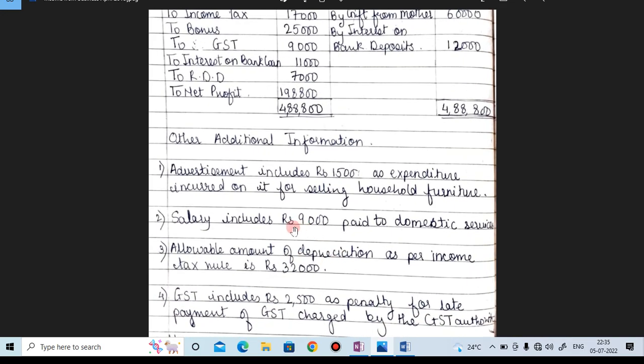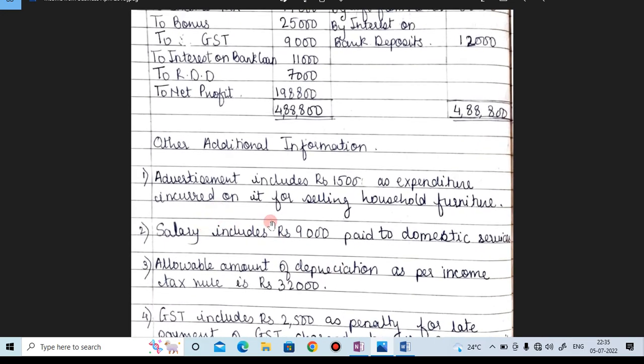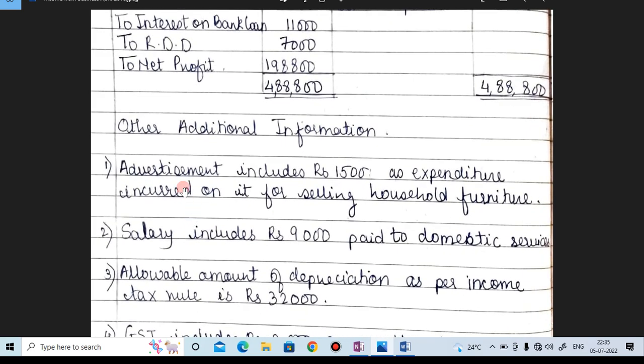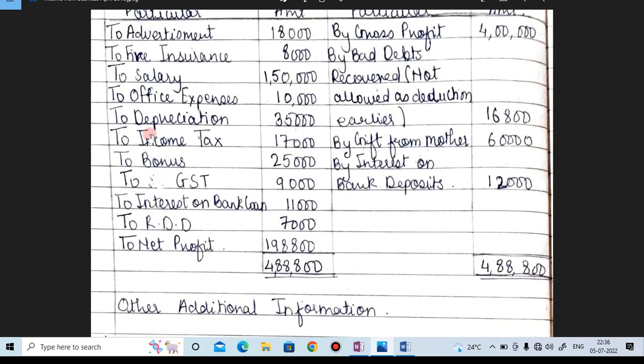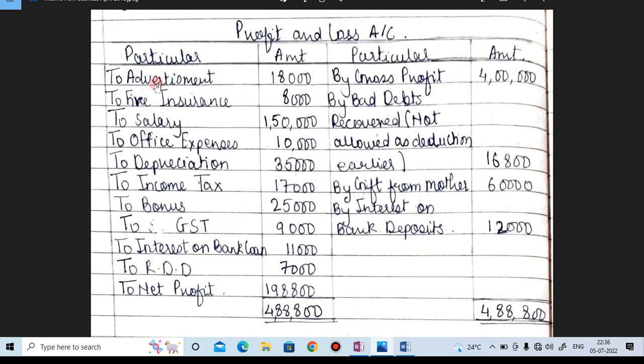Along with this profit and loss account there is some additional information provided. So what is that additional information? Additional information number 1: advertisement includes rupees 1,500 as expenditure incurred on it for selling household furniture. So in the debit side of the profit and loss account, advertisement is given 18,000.